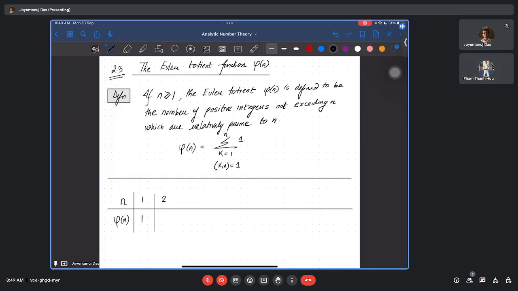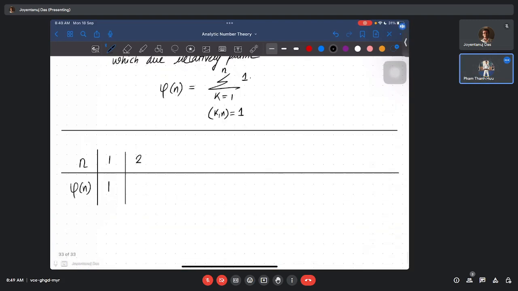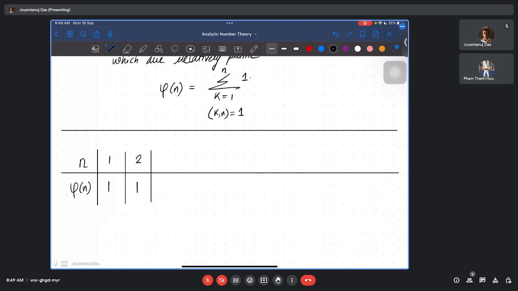So for 2, how many? It is 1, because with k equal to 1 it works, but if k is 2, then the GCD of 2 and 2 is 2, so it is not. What about 3? We have 2.